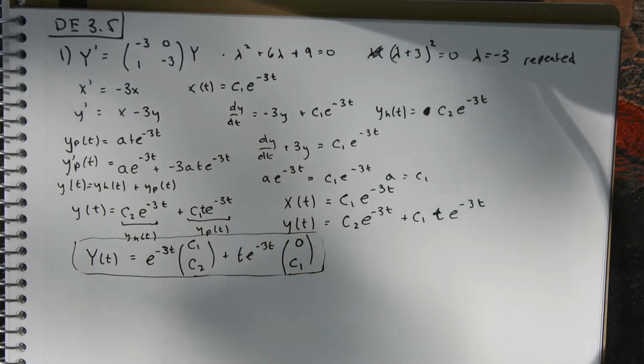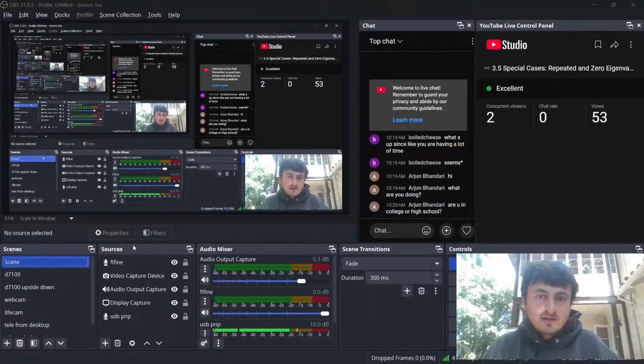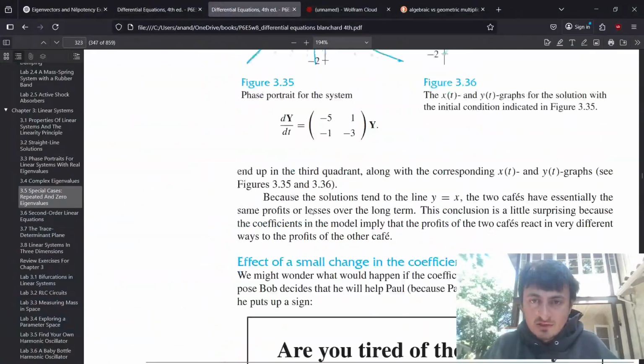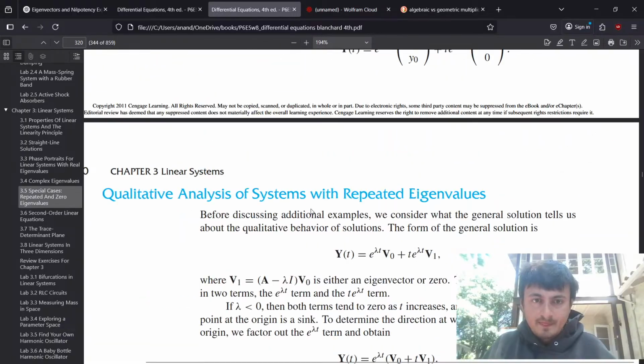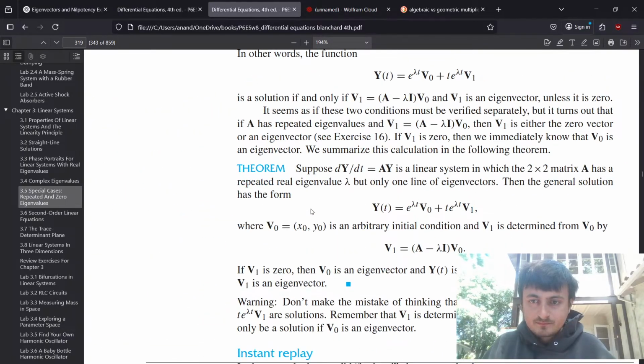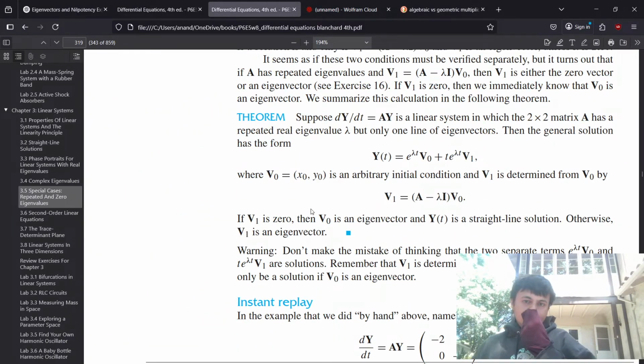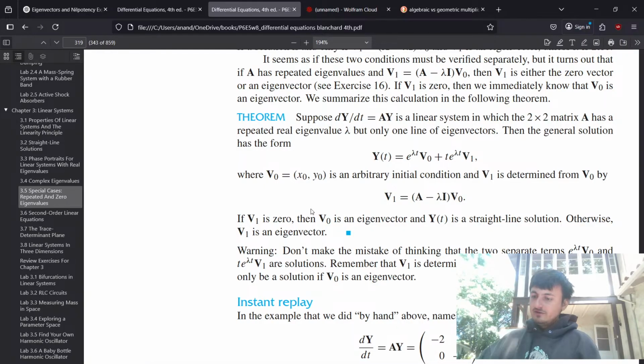So let's actually review the text again, because I need the repetition. So for the case of repeated eigenvalues, we take our initial condition. Okay, so the better way is: one, find the eigenvalue.